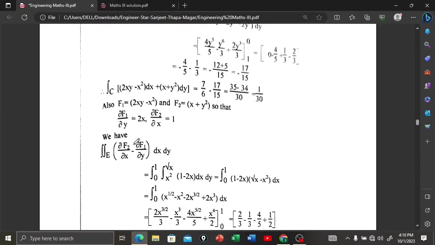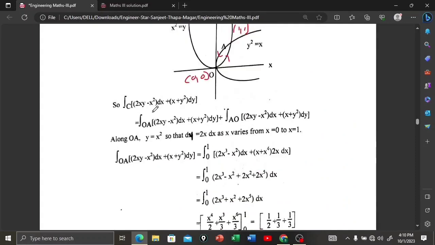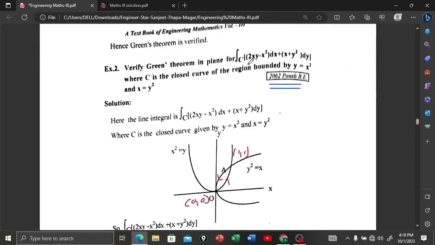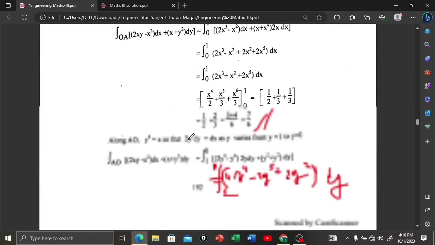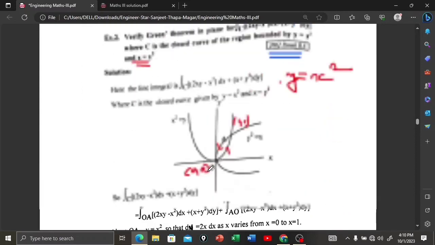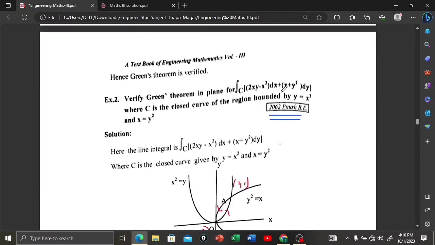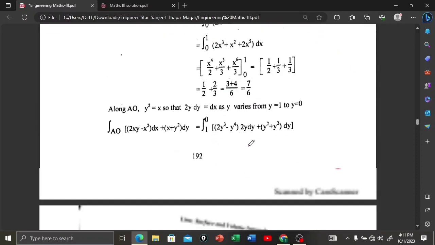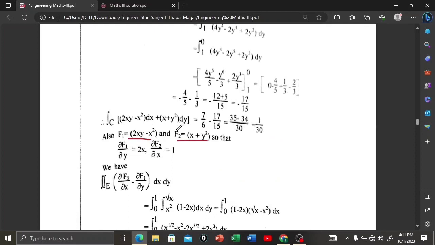Now we have to calculate this. For this, F1 and F2. F1 is 2xy minus x squared, and F2 is x plus y squared.